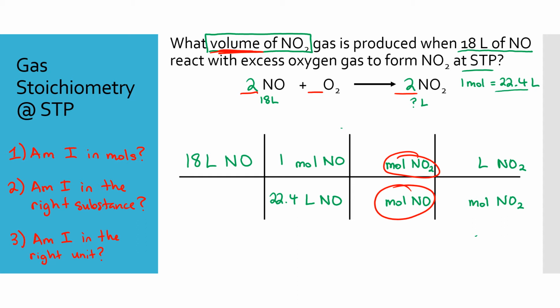So for moles of NO2, I look at NO2 in my balanced equation. So that would be this 2 over here. So I'm going to put that 2 right next to moles of NO2. For moles of NO, I take a look at NO, and I see that it's a 2. I'm going to put a 2 next to NO.